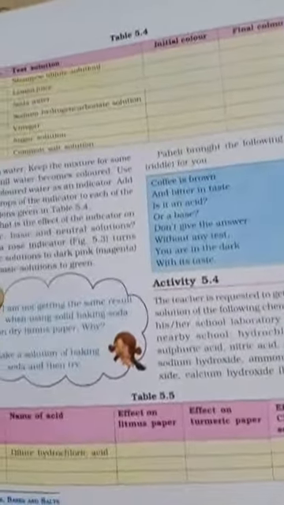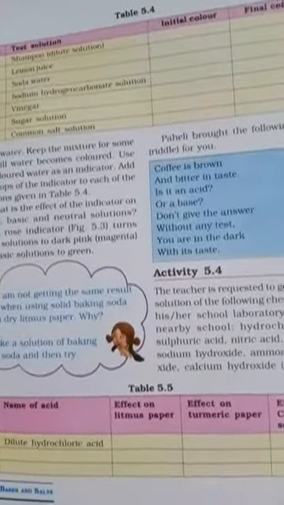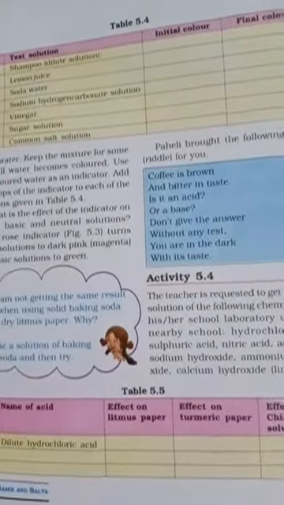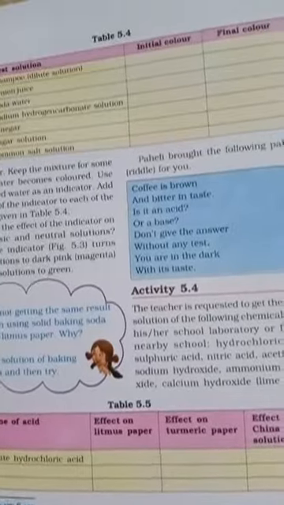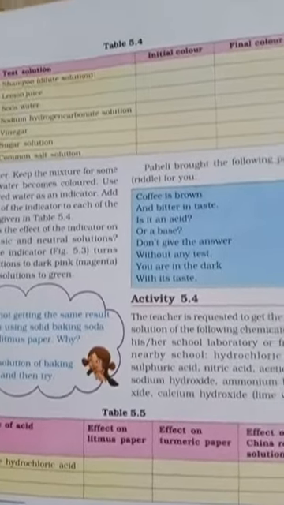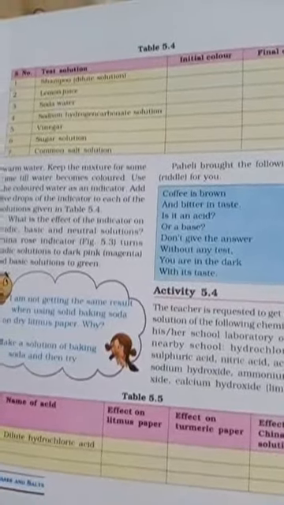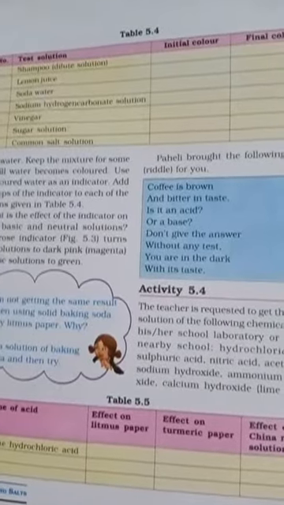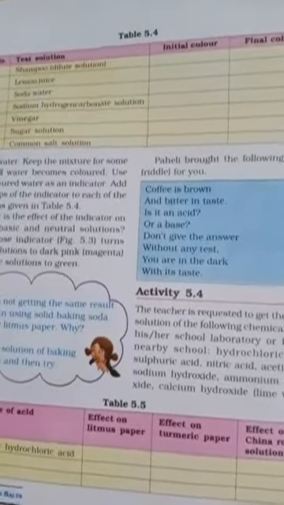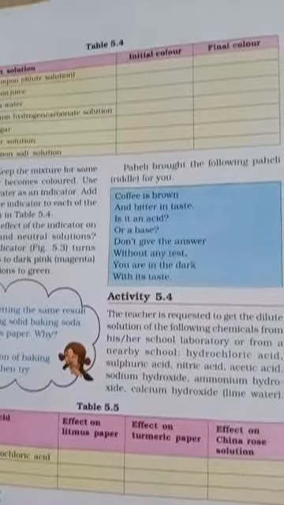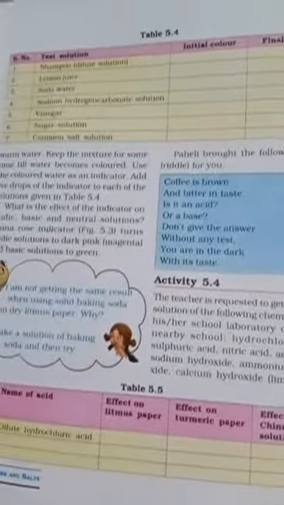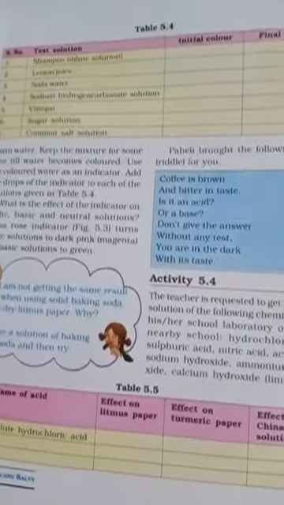Suppose I have taken hydrochloric acid. What is the effect of hydrochloric acid on blue litmus paper and red litmus paper? You have to write it in this column. What is the effect of hydrochloric acid on turmeric paper? You have to write it here. What is the effect of the China rose solution on this hydrochloric acid? All of this you have to enter in the columns here.